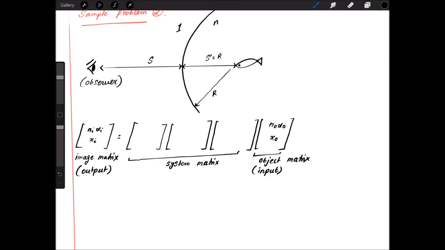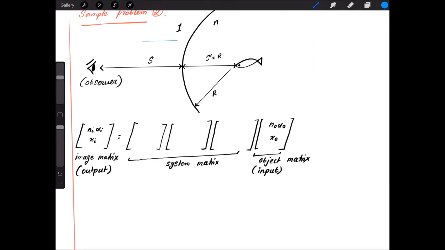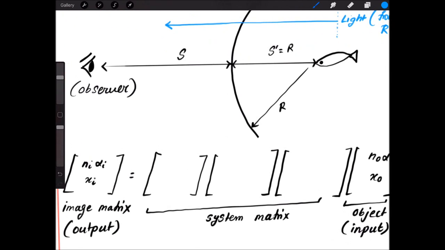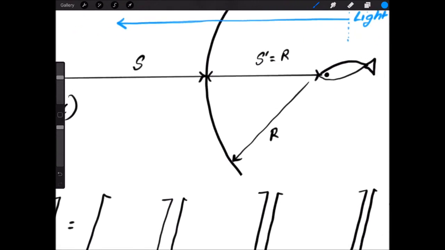So let's look at the direction of travel of the light. In this case, light travels from the fish to the observer, so from right to left. Remember, we have to apply the sign convention and consider certain distances as negative. If our output is the observer and the input is where the fish is, the light is first going to travel the distance S prime inside the sphere, then it's going to suffer refraction at the interface.